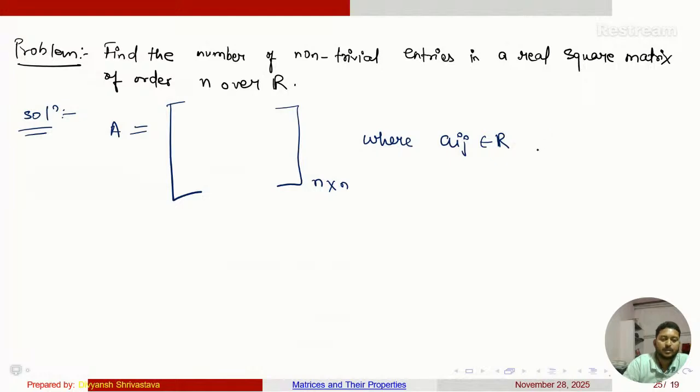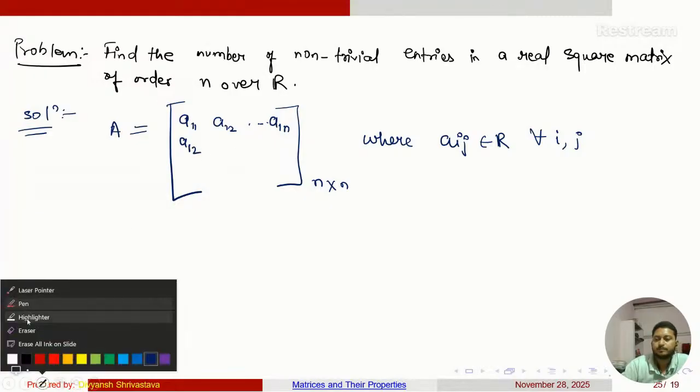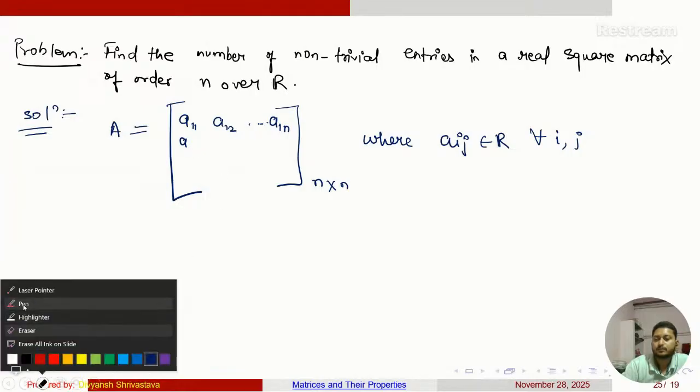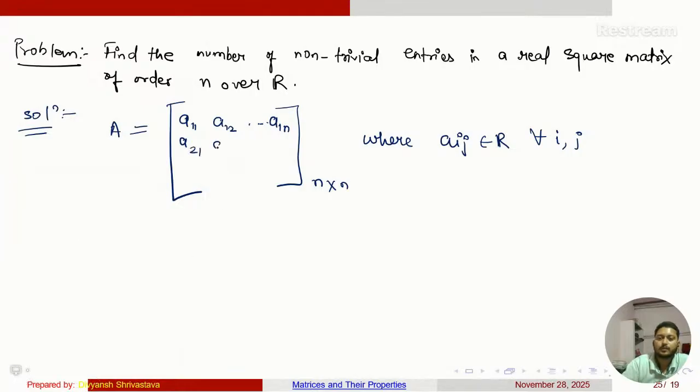For all i, j, the entries are like that: a11, a12, up to a1n. And the next row is a21, a22, up to a2n.